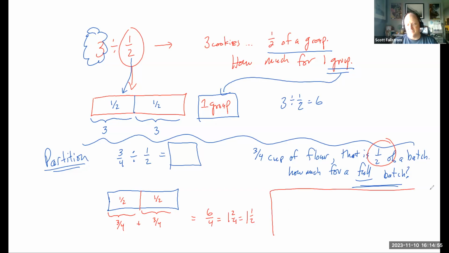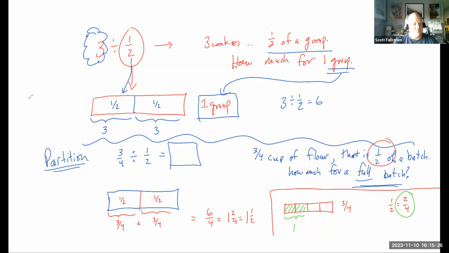If you want, because I know some of you are like, what would measurement look like? Measurement, I would start by drawing 3/4. I would say, here's 3/4, and I want to try to make things that are 1/2. So 1/2, which is the same as 2/4, means I would start counting up how many times can I make groups like this. And I would count up and say, aha, that happened one whole time because I got 2 of the fourths.